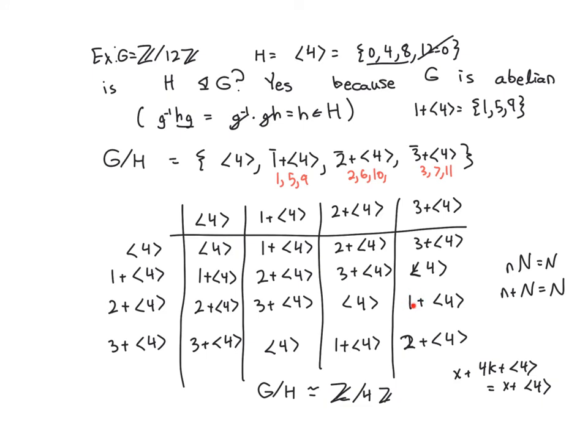So when I had 5, for instance, here, 5 was in this coset, so I could replace 5 plus 4 with 1 plus 4. But that does mean that it looks like my actual table is just integer arithmetic mod 4.